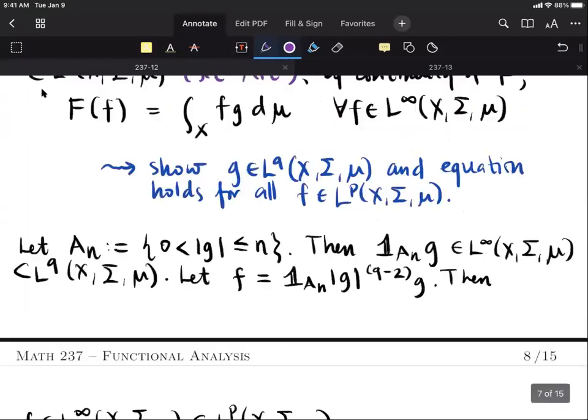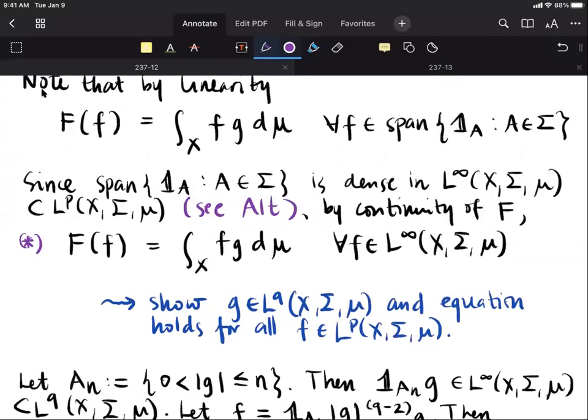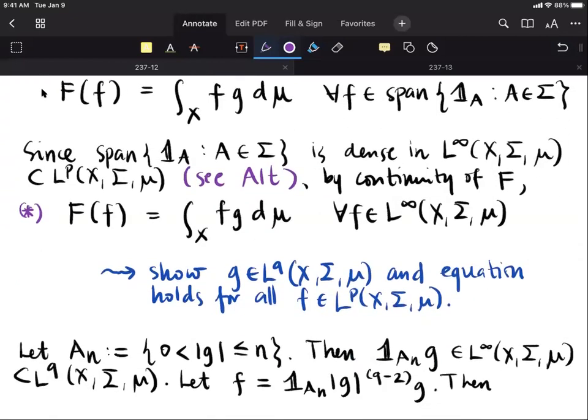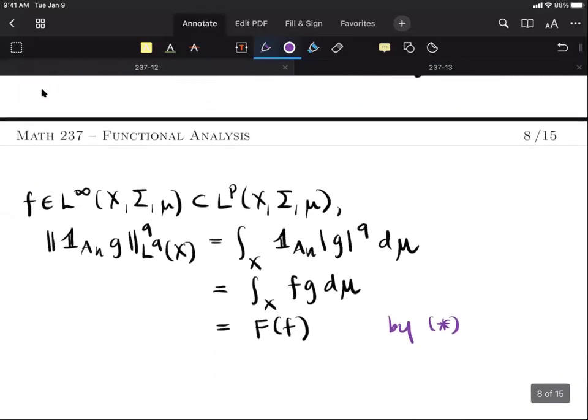By applying this, as long as F is in L infinity. So here F is in L infinity, so that is reasonable.